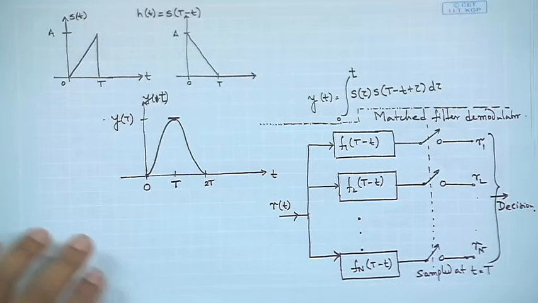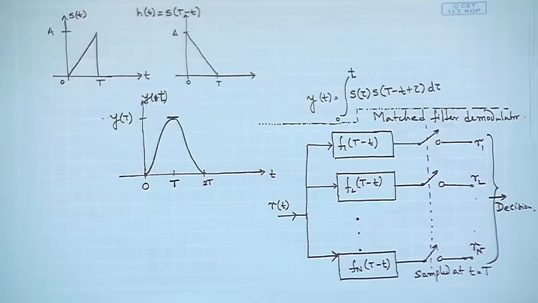So, what we have seen is, in case of AWGN, where the channel has a gain of 1 and the received signal is correlated against its basis functions, you get the components of the received signal.